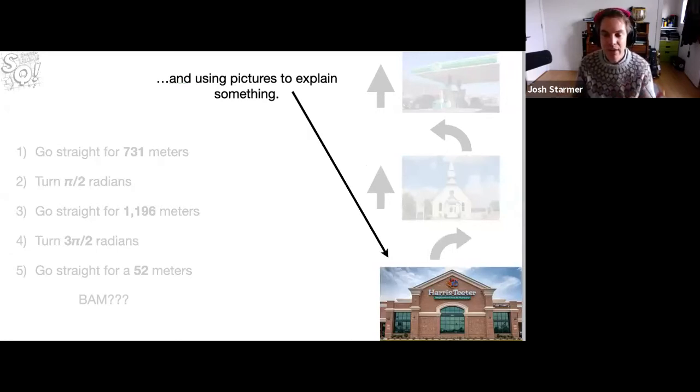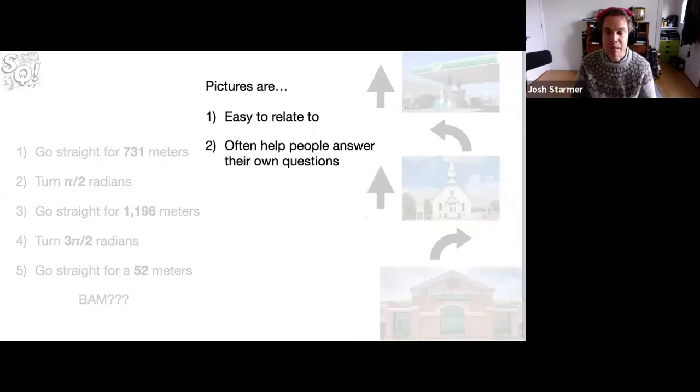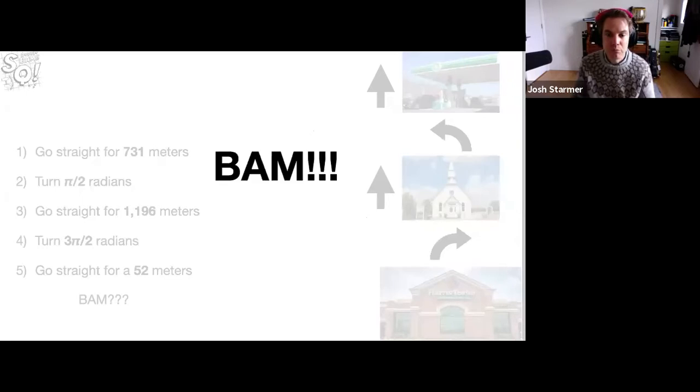So if they have a question, like what's the name of the grocery store, something that I haven't anticipated, they can look at the picture and answer that question themselves. So this helps people learn on their own without me having to do all of the work and anticipate everything. And pictures are easy to remember. Bam.